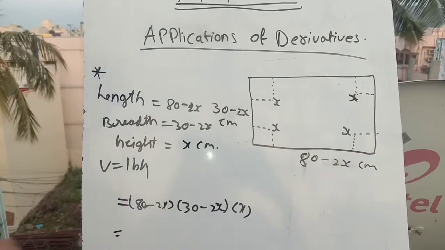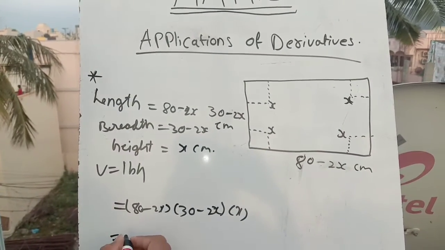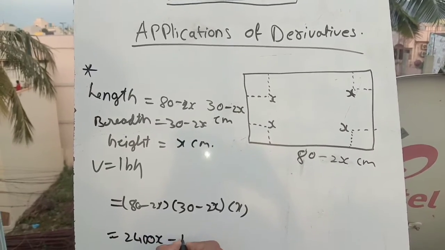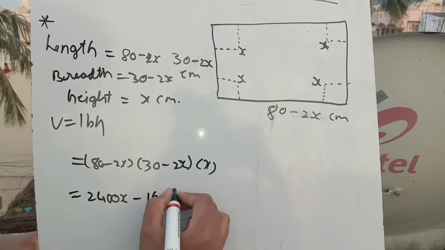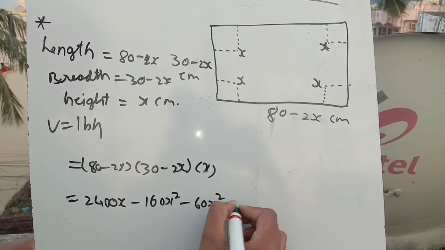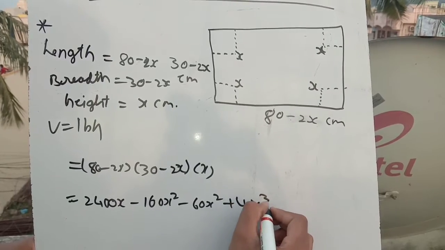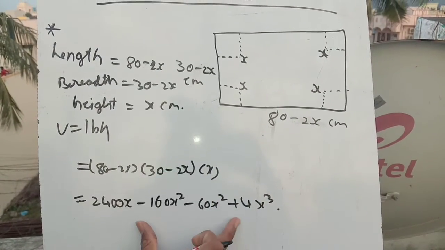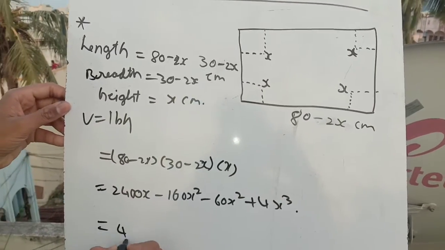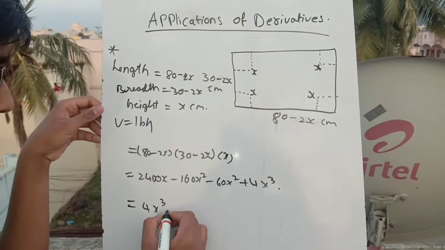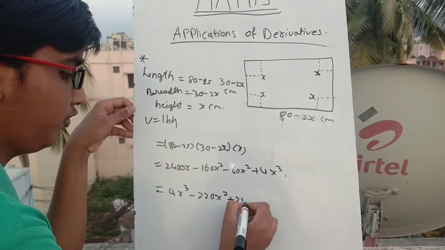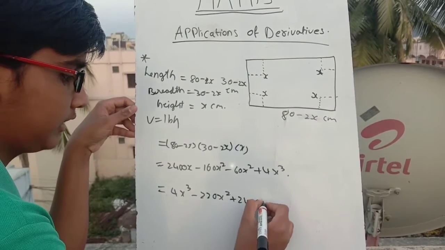So if you multiply, it will become 2400x minus 160x square minus 60x square plus 4x cube. From this we can write 4x cube minus 220x square plus 2400x, right?